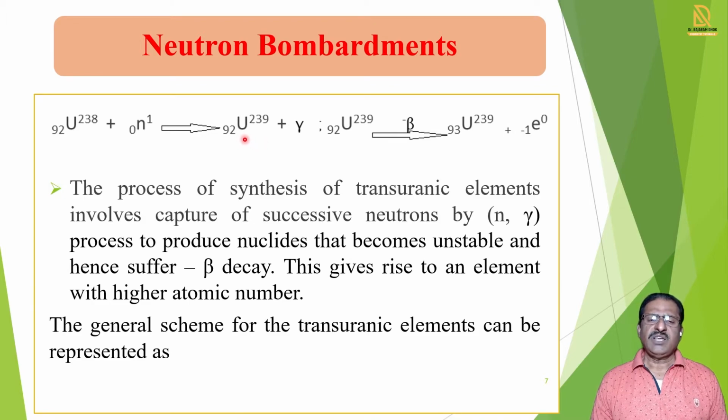Now, this isotope is unstable. When it is unstable, then it eliminates beta particles. When those beta particles are eliminated, then the atomic number increases by 1. So when neutrons are bombarded, then the mass of that nucleus increases by 1, and when beta particles are eliminated, then the atomic number increases by 1.